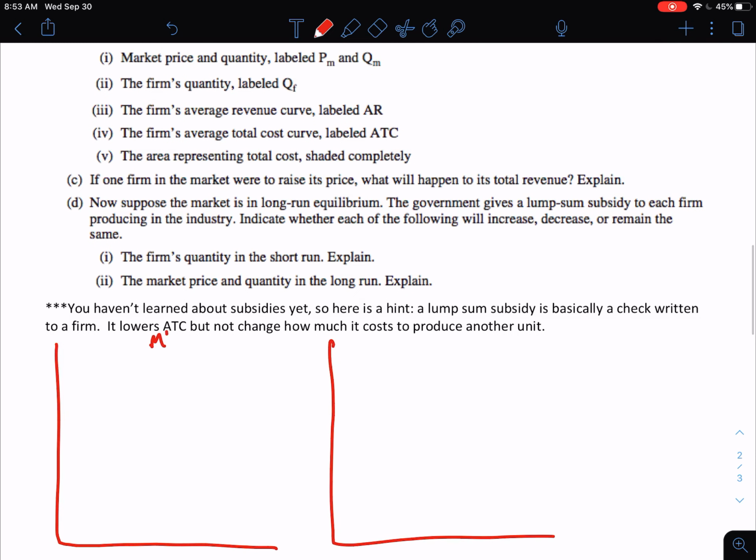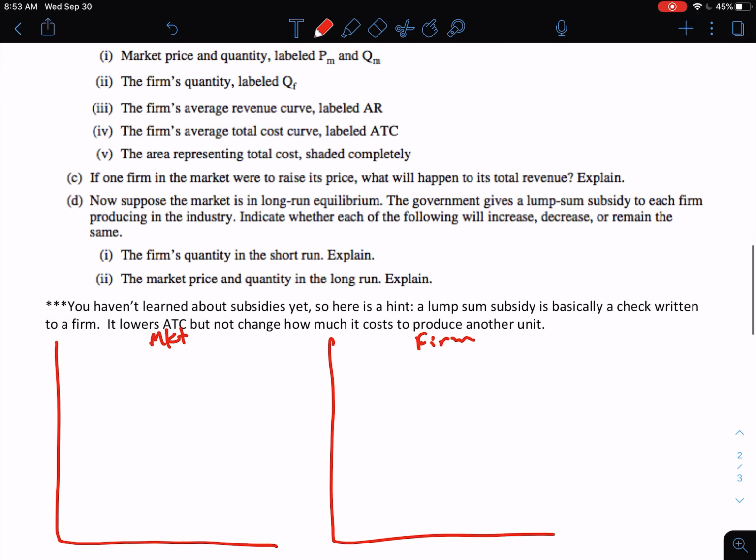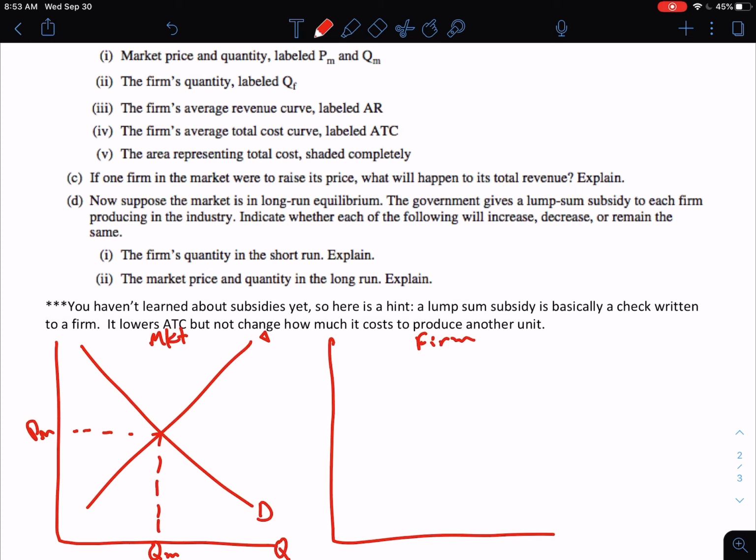Okay, so we'll do the market here and the firm here. The market has downsloping demand and upsloping supply. The market price is PM. The market quantity is QM. So this is obviously Q and this is P here.